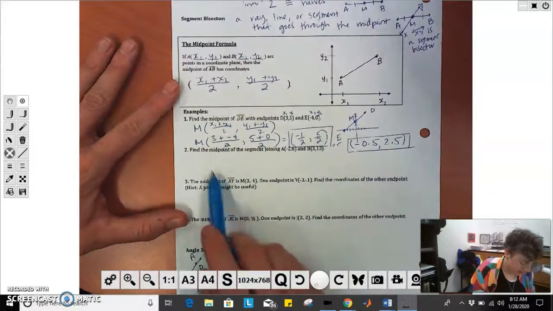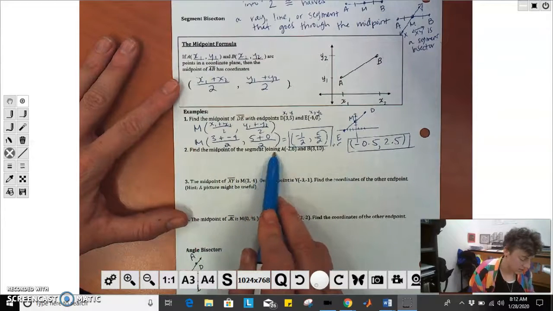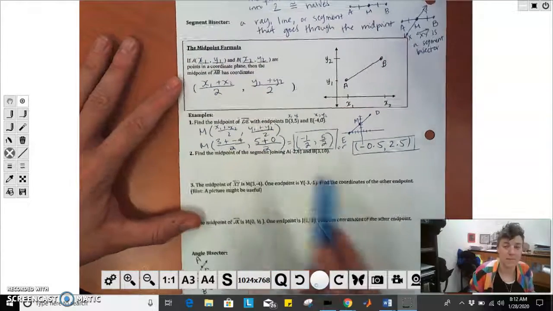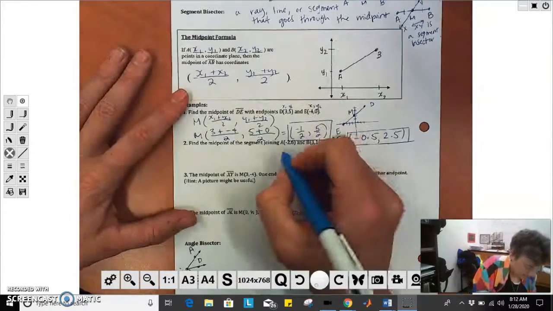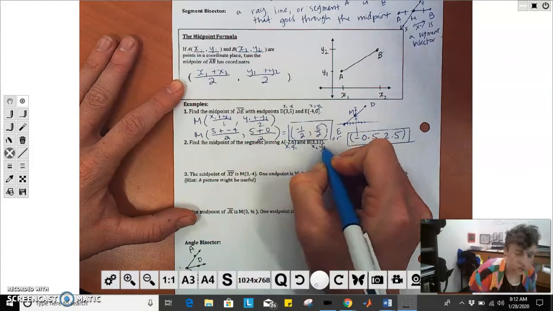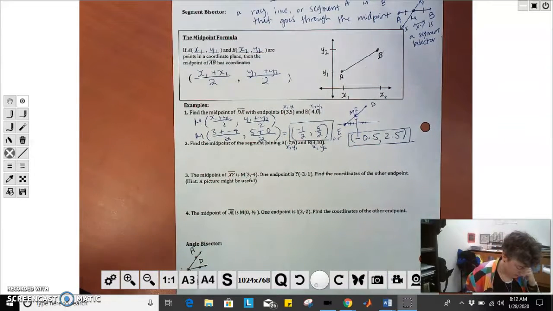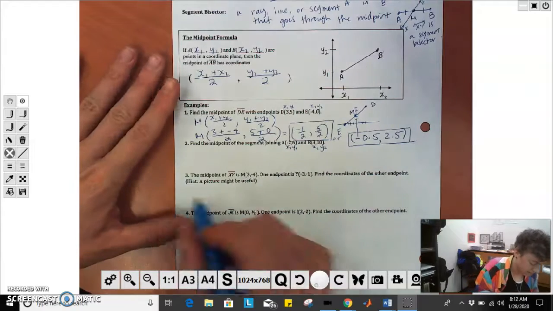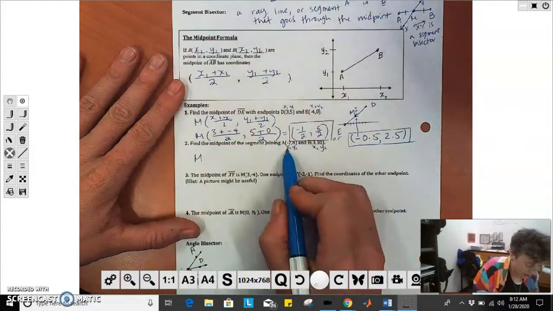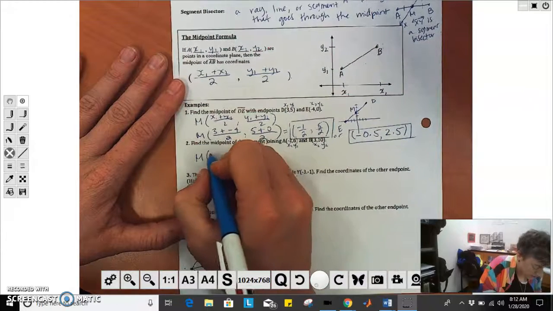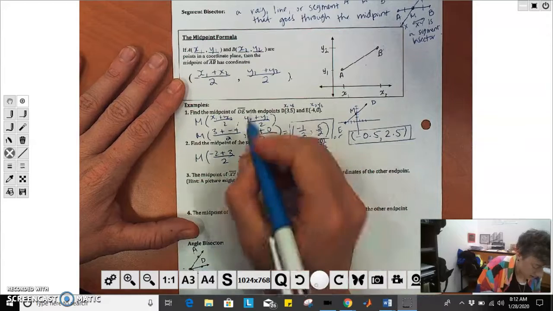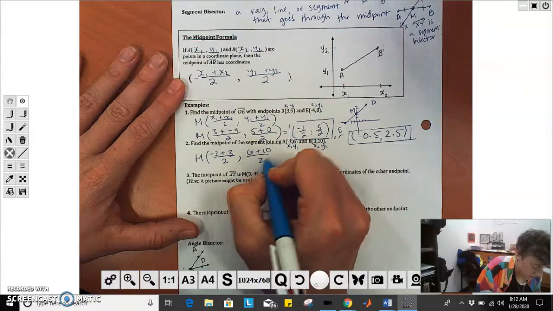Okay, find the midpoint of the segment joining A and B. So we're doing the exact same thing. We've got our x1, y1, x2, y2. So the midpoint could be adding up our x1 and our x2: -2 plus 3 divided by 2, and 6 plus 10 for the y's divided by 2.